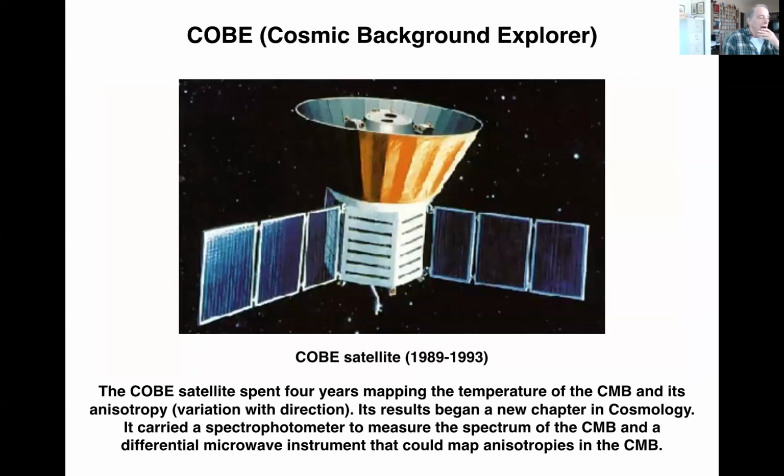So to do that, the COBE satellite, Cosmic Background Explorer, was proposed, I think, in 1977 and actually launched 10, 11 years later, with a mission of determining the temperature of the CMB, or whether or not the CMB was black body and could be characterized by a temperature, and then to see if there were any anisotropies in the temperature of this CMB.